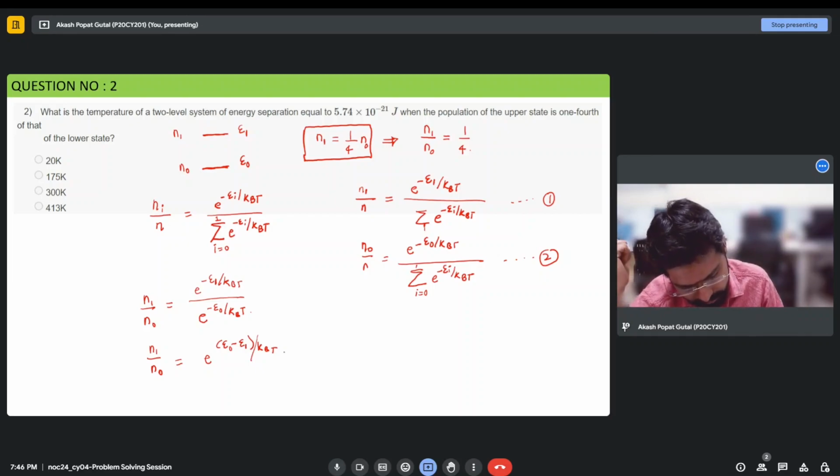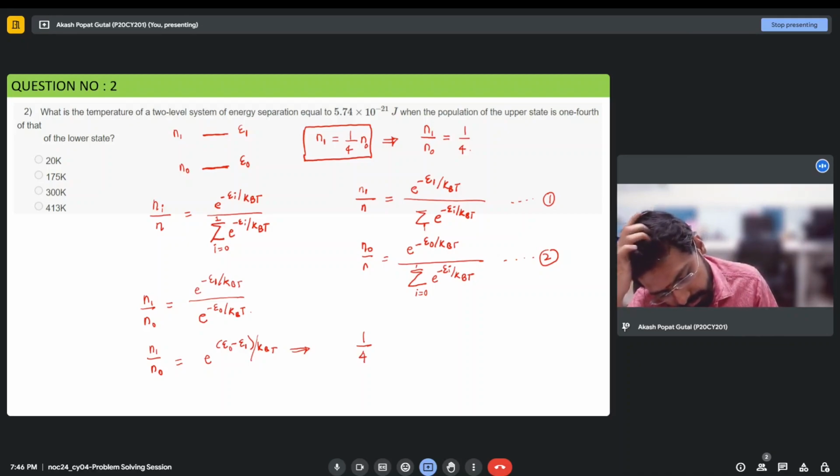What is given is that N1 by N naught is 1 by 4, and the separation is given as 5.74.